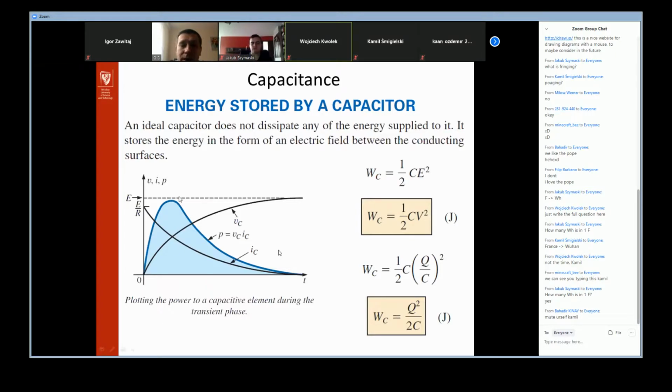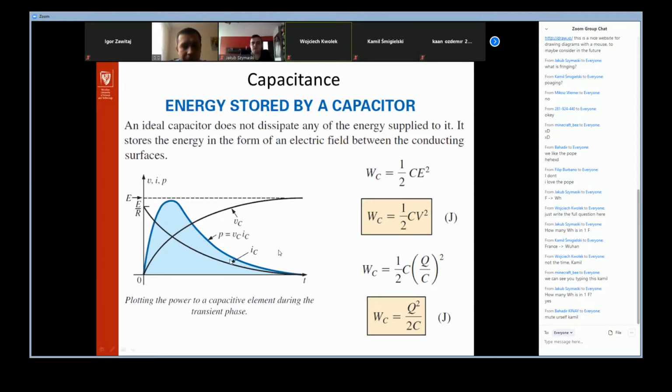Let's take a look at what the power is during the charging or discharging process of the capacitor. We know the power is voltage multiplied by current. So the power on the capacitor is given by the formula VC multiplied by IC. When we have, for example, a charging process, the current looks like this.